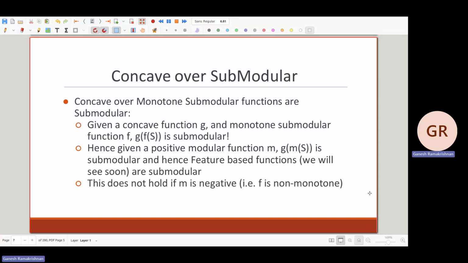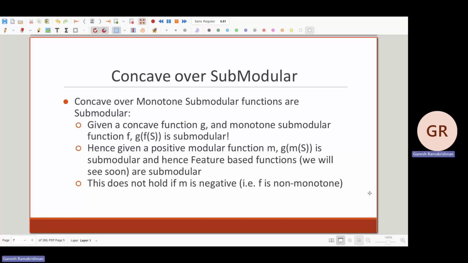It turns out that these functions form a nice class of submodular functions, under the condition that the function sitting inside should also be monotone. It should increase. Here we are saying I put a concave function and dampen it, but the function sitting inside should not be pulling in the opposite direction. That should also be monotone.